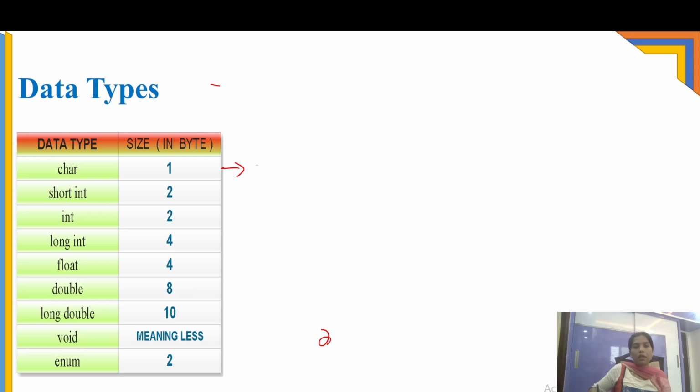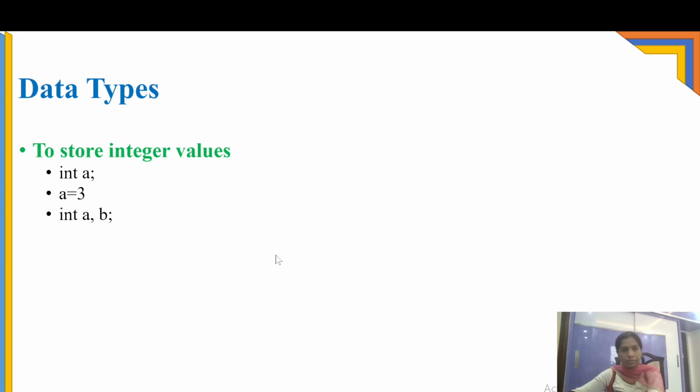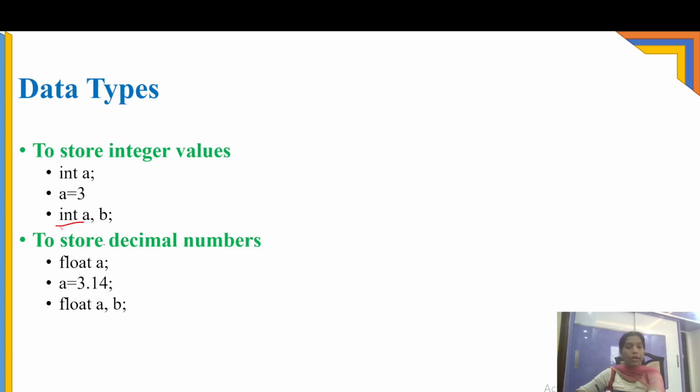Here, 1 byte equals 8 bits, so short int is 16 bits, and likewise the others are divided. To store integer values, we use the int data type, like 2, 3, 4, 5. To store decimal values like 3.14, 5.5, 6.5, we use the float data type.